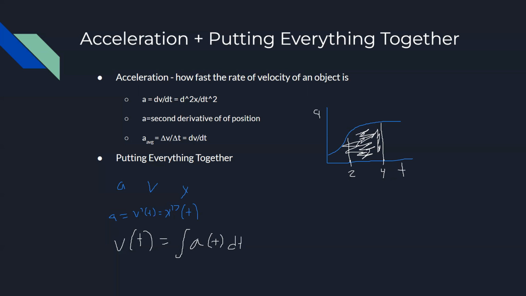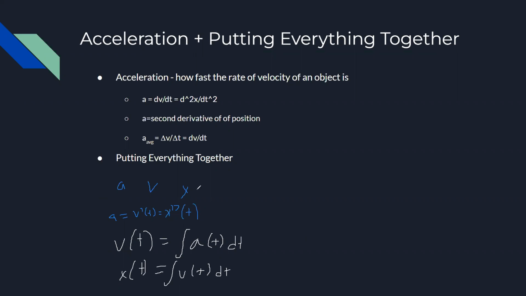And then same with position. So position would also be, position would be x of t equals the integral of velocity, v of t dt.